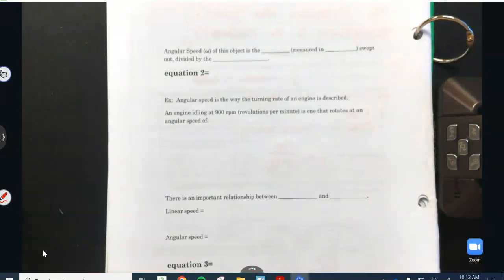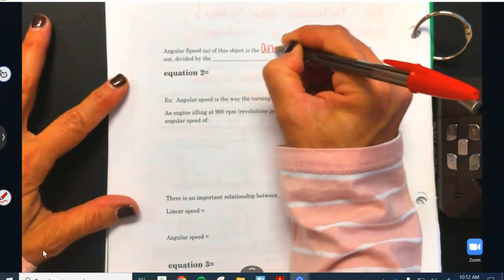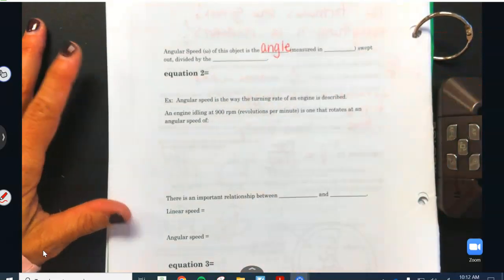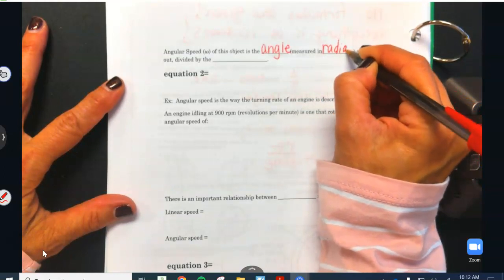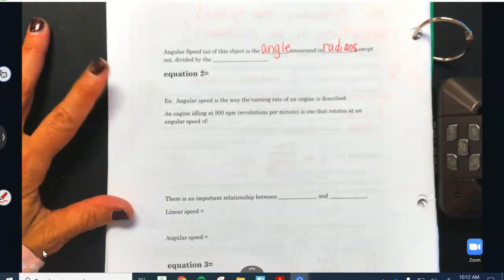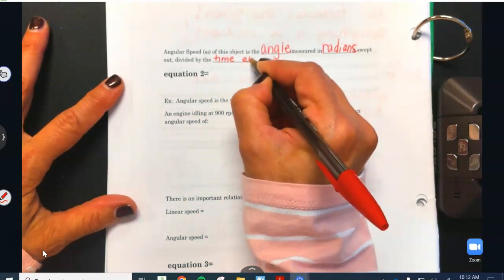All right, let's talk about angular speed. Remember, angular speed of the object is the angle measured in radians, swept out divided by the time elapsed.